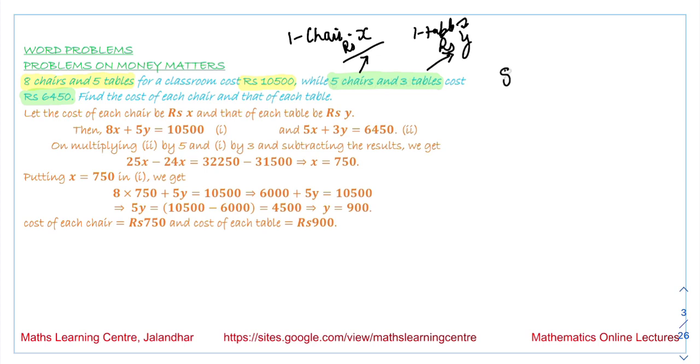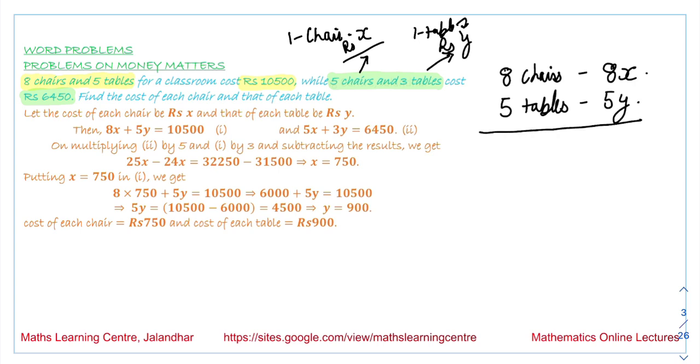So the price of 8 chairs will be 8x, and for 5 tables it will be 5y, and the total cost of these two, that is 8x plus 5y, is given to be 10500.